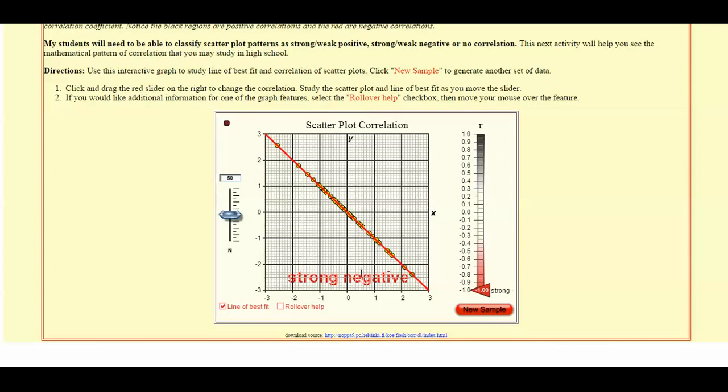Next, I'll show you some examples of calculating a correlation coefficient with Excel.